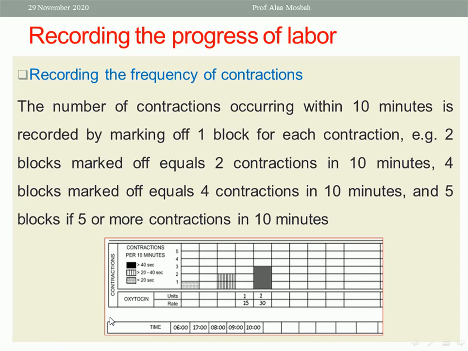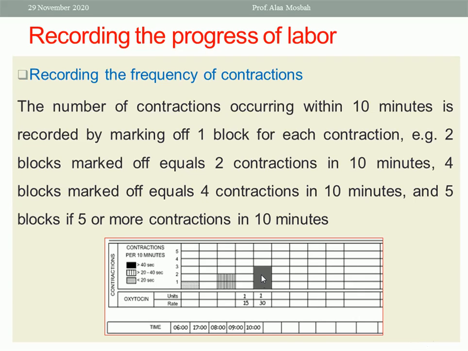How can I differentiate between them according to the duration of the uterine contraction? By using the following. You will mark dots if it is 20 seconds or less, or lines if it is 20 to 40 seconds, or color the squares if it is from 40 to 60 seconds or more.